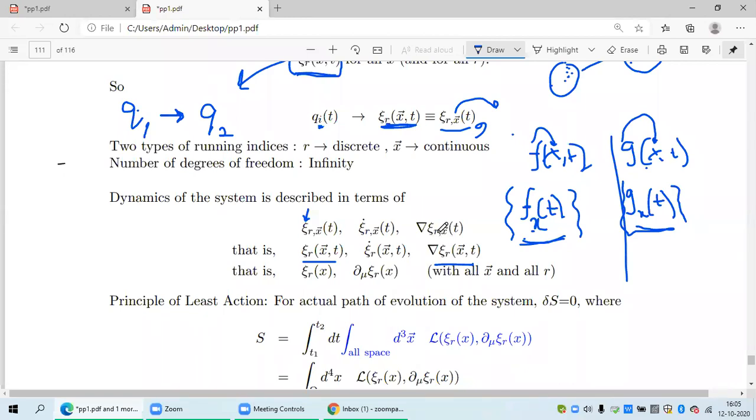What does that mean? That means when you go from this point to that point, the change of psi will be very large. If this value is smaller, that means if you go from this point to its next point x plus dx, the change in value should be smaller. That information is already there in the form of this function.